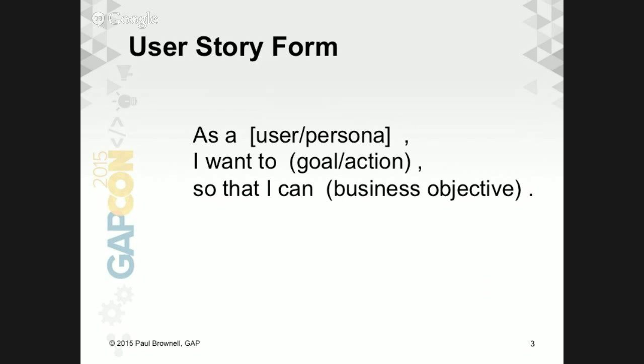So the smallest building block is the user story. And this is the canonical form of the user story. The standard form is: as some kind of user, I want to accomplish some goal or perform some action, and that offers some business purpose or some business value.